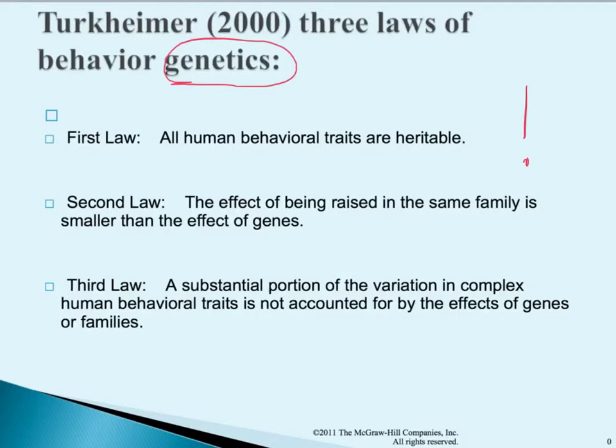Secondly, and now listen carefully, the effect of being raised in the same family is smaller than the effect of genes. In other words, we have inherited genes, but the effect of the family experience is smaller than the effect of genes. We're more determined with our brothers and sisters by the family that we're brought up in than we are by the genes. Do you agree?